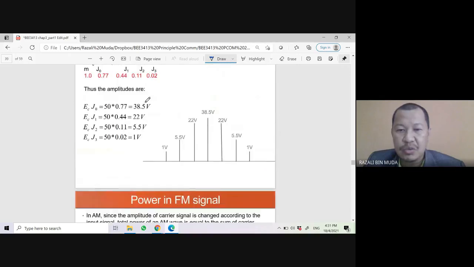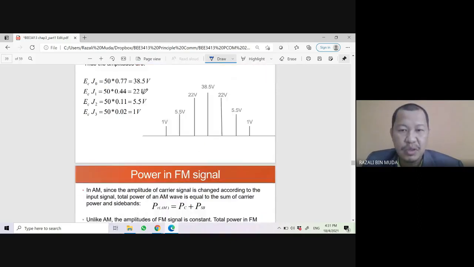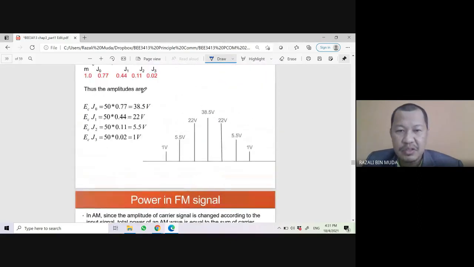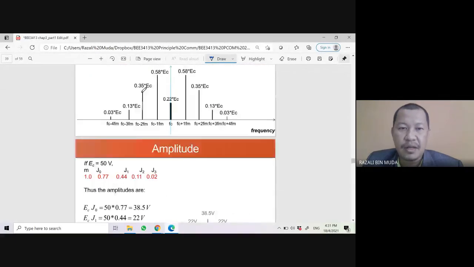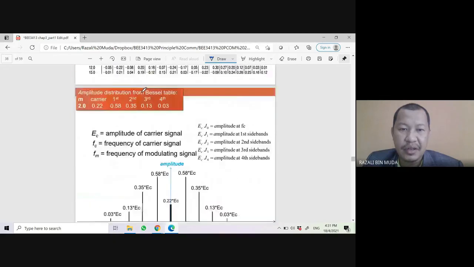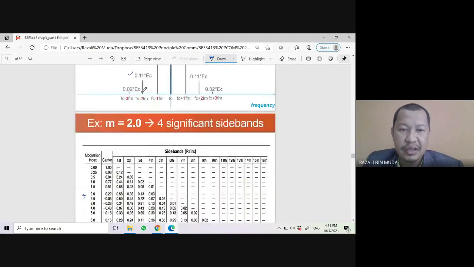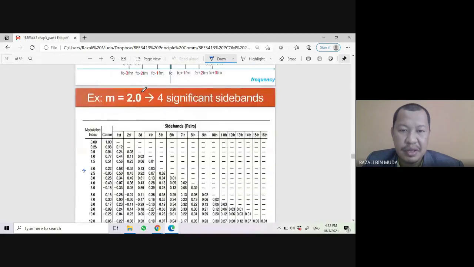We will continue in a later video. We will discuss about power in FM signal. So that's all for this part, the sideband. Hopefully you can watch later again, or you can study a little bit on Bessel function and this Bessel table.